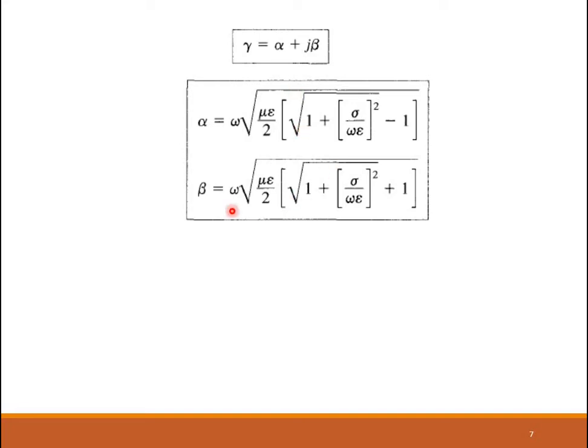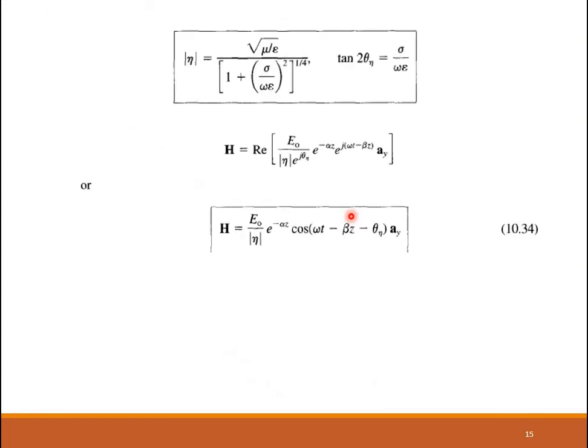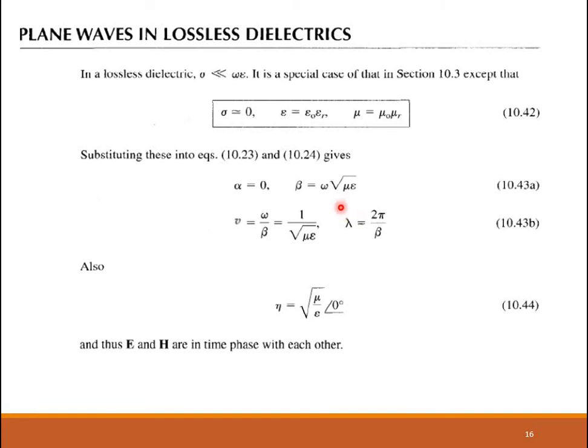Similarly, for this term, what happens? If this becomes 0, this becomes 1 plus 1, so that is 2 root 2. And then finally, when I simplify that, the expression for beta that I'm going to get is omega root of mu epsilon. This is the expression for beta.